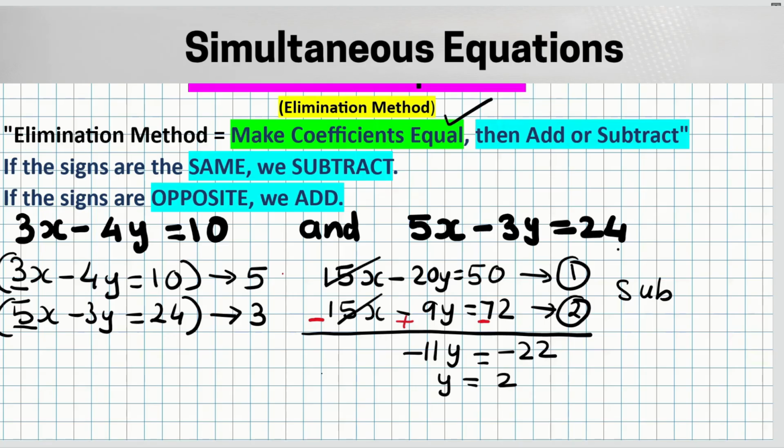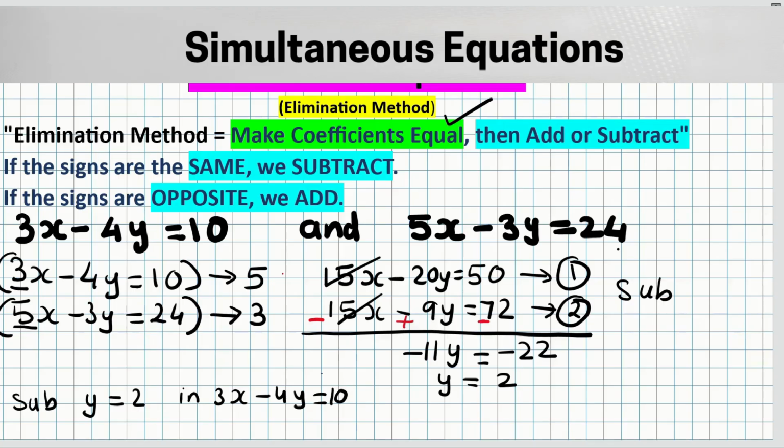Once you get the value of y, you can substitute the value of y in any of the given equations. So here, substitute y is equal to 2 in the equation. Let us take the equation 3x minus 4y is equal to 10.